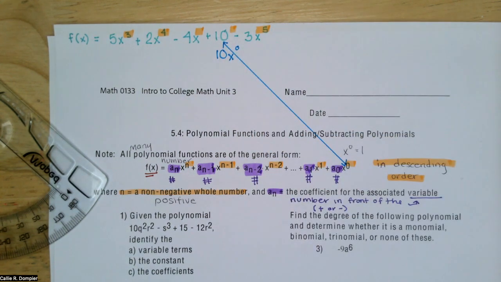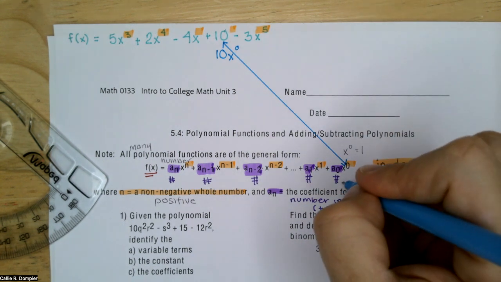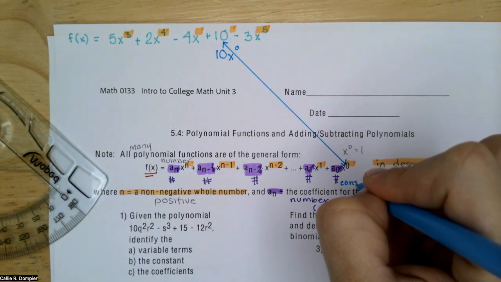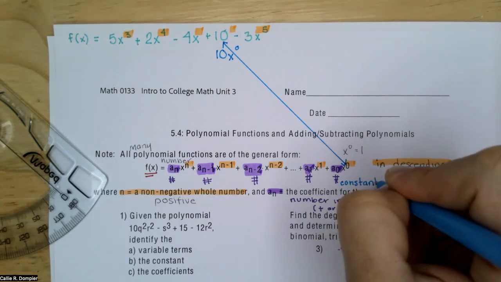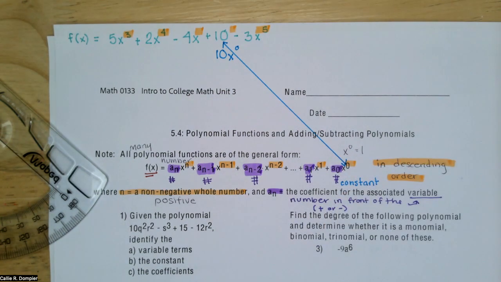So that plus 10 is actually our last number times x to the power of 0, and it's our constant. Constant is down here.